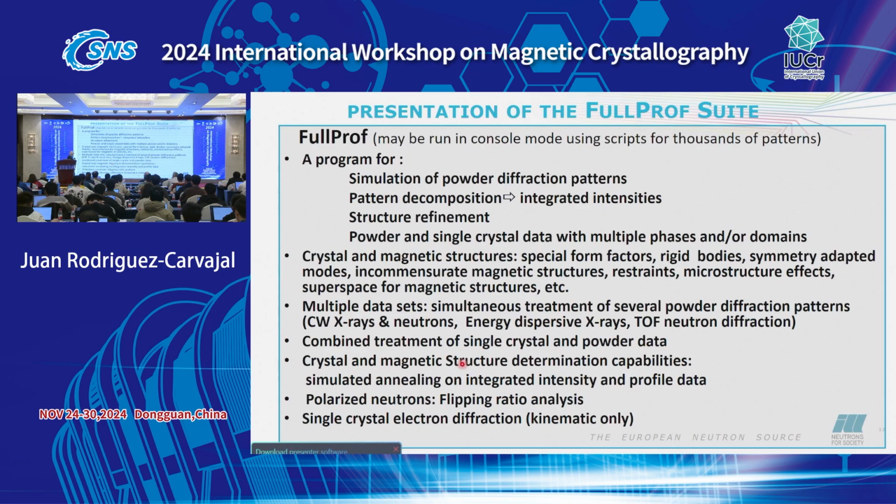This is one of the things that we are interested in here: magnetic structure, commensurate magnetic structure, restraints, microstructural effect, superspace for magnetic structure. These are recent developments. We can use multiple data sets, simultaneous treatment of several powder diffraction patterns, mixing X-ray with neutron, energy dispersive, time of flight neutron diffraction.